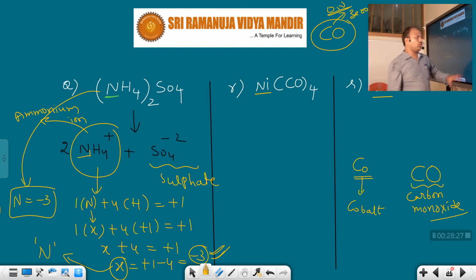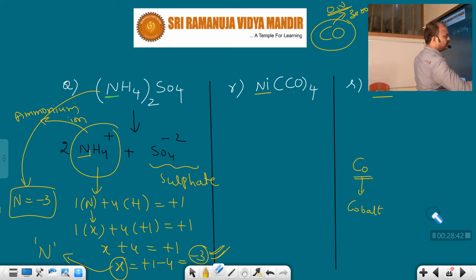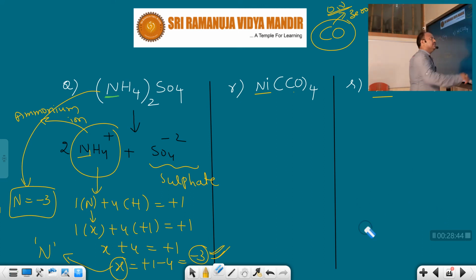That is the difference between cobalt and carbon monoxide. Here CO is carbon monoxide, the carbonyl group, and its charge is 0.